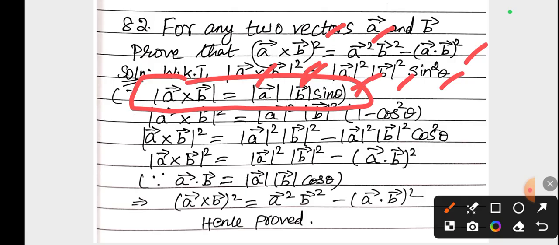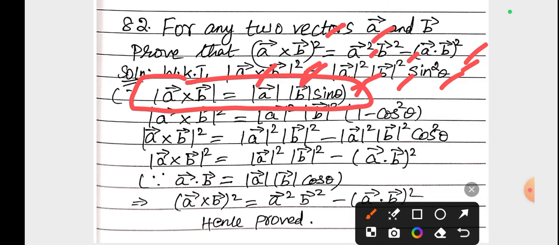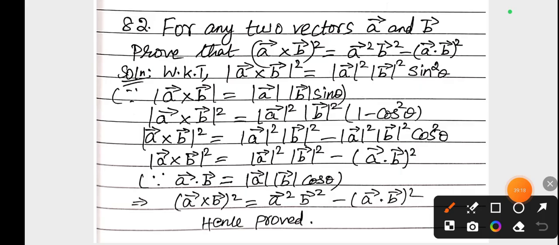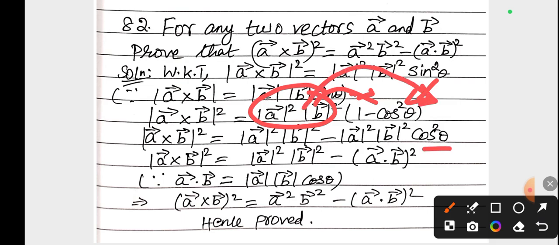Since whole square is there, each square you write. First, this step clear check. Then instead of sine square theta, apply 1 minus cos square theta, children. Then multiply. Magnitude of A square, magnitude of B square, multiply with 1. Then magnitude of A square, magnitude of B square, multiply with cos square theta.